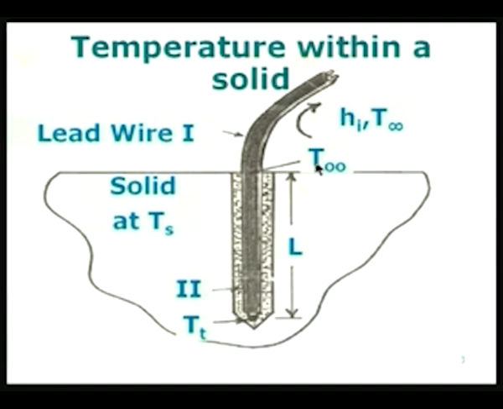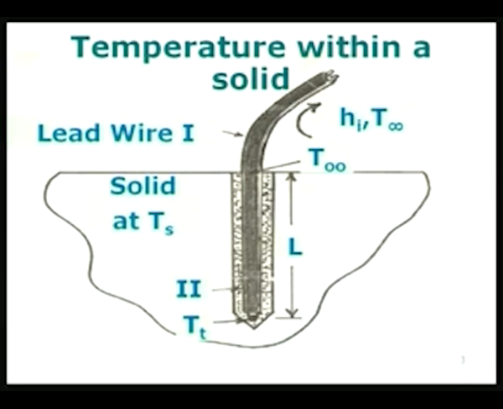So, there are three temperatures I have shown here: Ts, Tt, and T00, which is the temperature at this plane where the thermocouple is just coming out. T00 will be less than Tt, Tt will be less than Ts, and T infinity will again be less than T00. Therefore, there is heat transfer coming from the solid, entering through the sides of the hole, going through the thermocouple, and eventually going into the ambient.